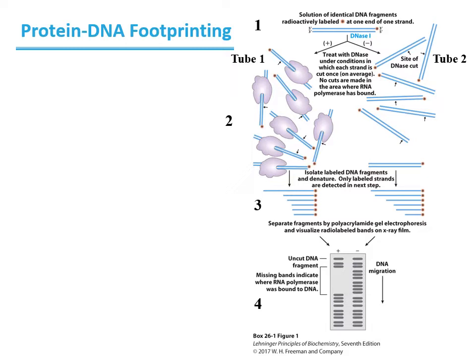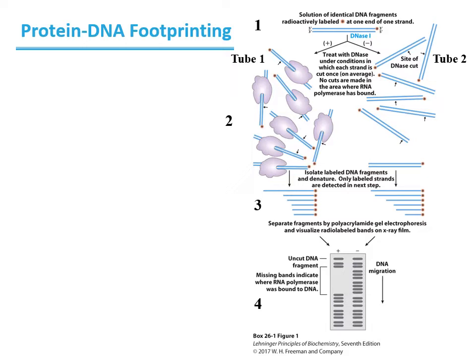Bind protein to DNA in one tube and put DNA in another tube. 4. Treat both samples with chemicals or enzymes able to cleave the DNA. 5. Run the reaction products on gel electrophoresis and visualize the bands with X-ray film or an imager plate. The P32 incorporated into the DNA in step 2 will show a band on X-ray film.